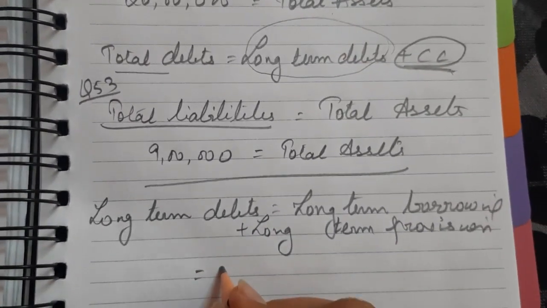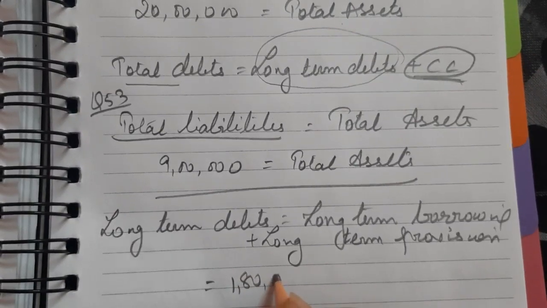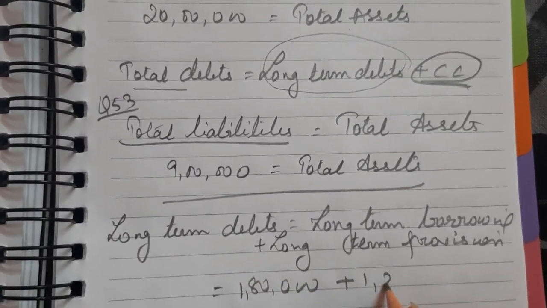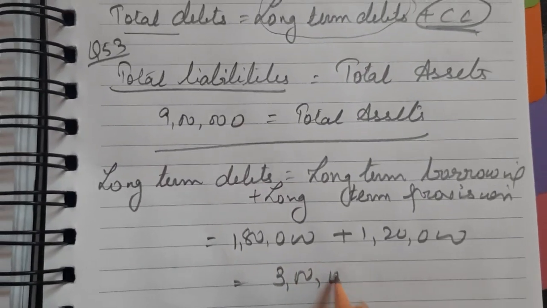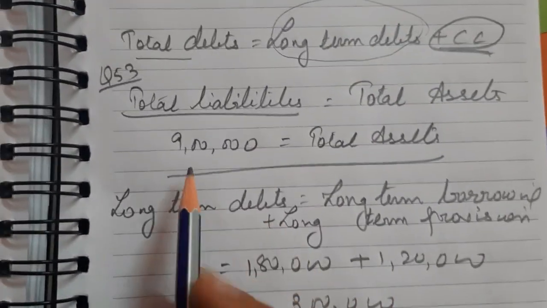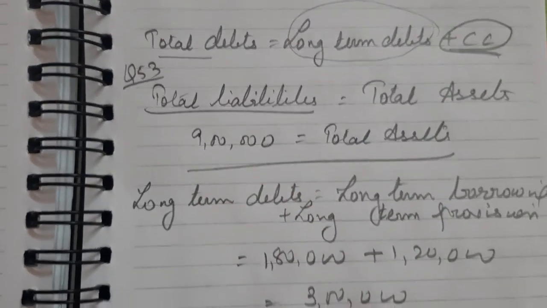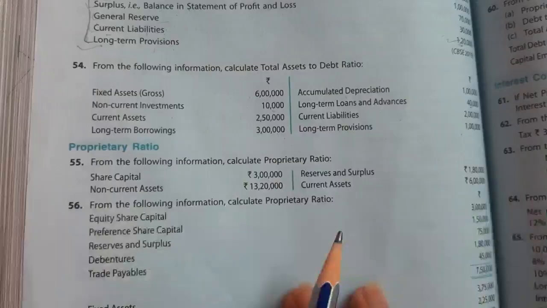Long term borrowing is given to us as 1,80,000 and provision is given as 1,20,000. Adding this, you'll get 3 lakh. So you got your long term debts as 3 lakh. You have your total assets as 9 lakh. You can divide and find out the ratio.